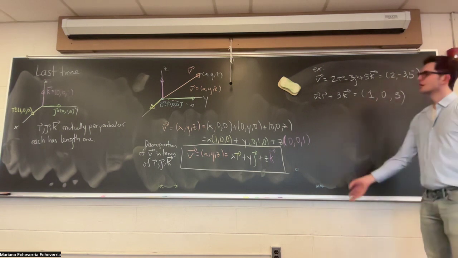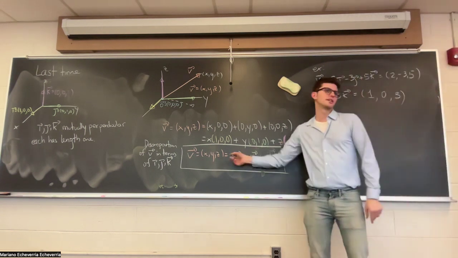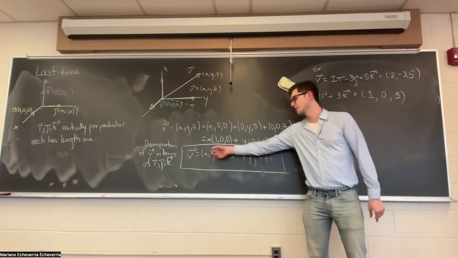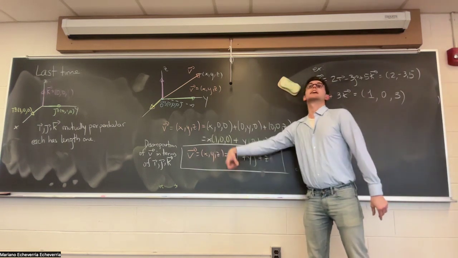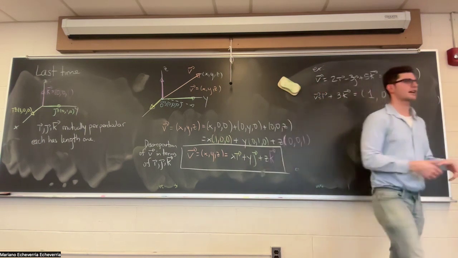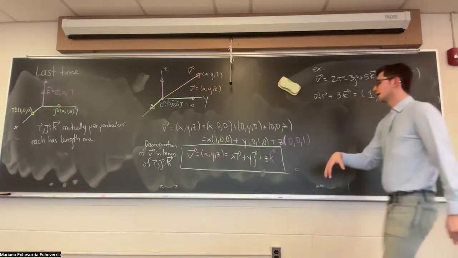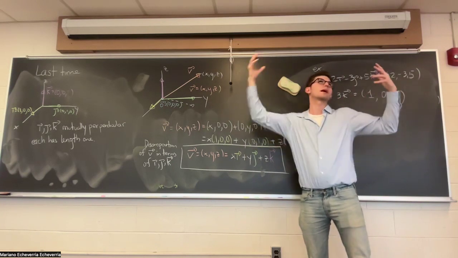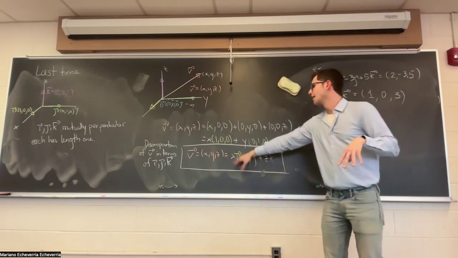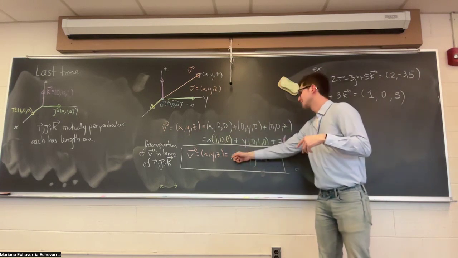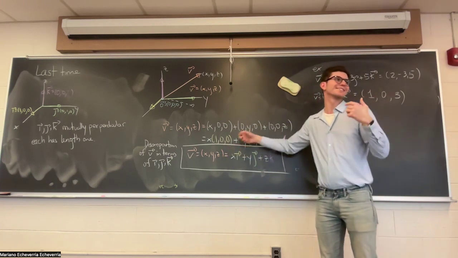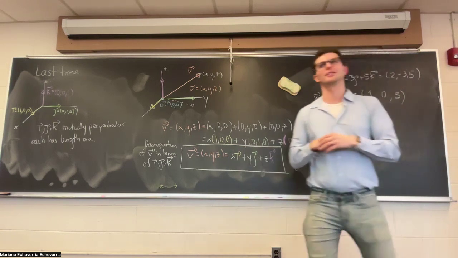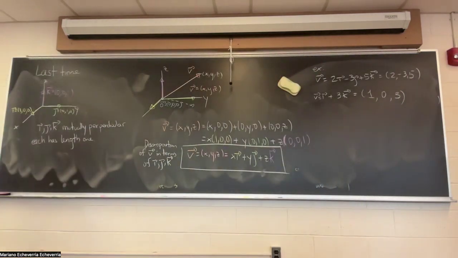If someone has taken linear algebra, this is what's called a linear combination. So this is saying that the vector v can be written as a combination of i, j, and k. And it's linear just because none of the variables are being squared or cubed or raised to the power 1/2. The power is 1, so it's x to the 1, y to the 1, z to the 1. So the coefficients are linear.